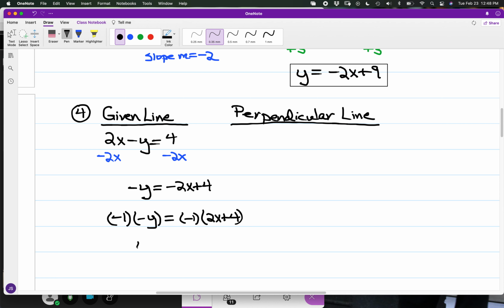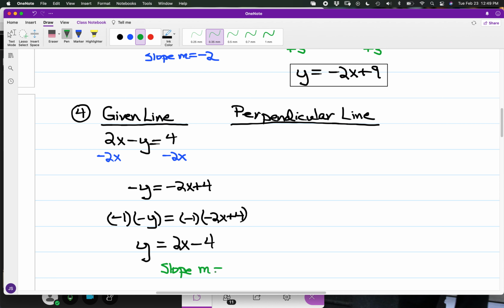So we have y is equal to 2x minus 4, making the negative terms positive and vice versa.